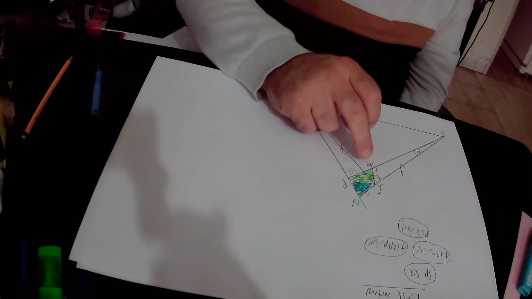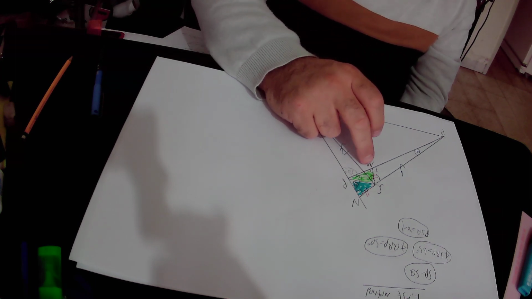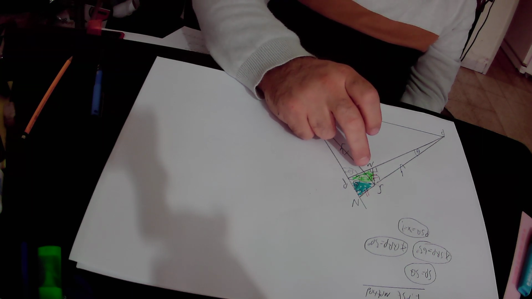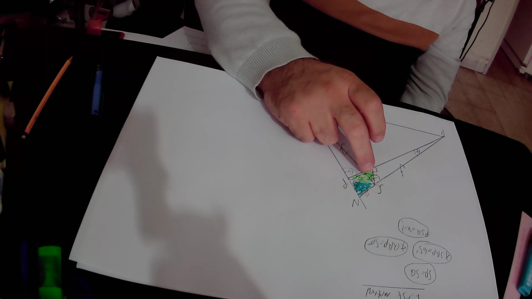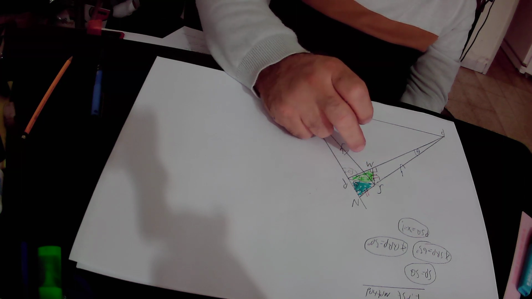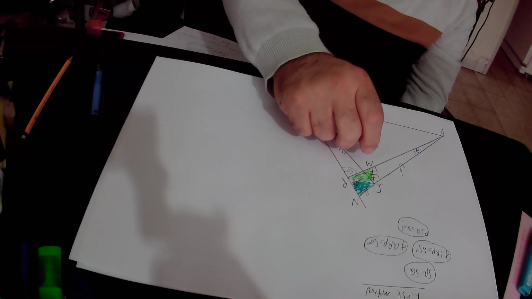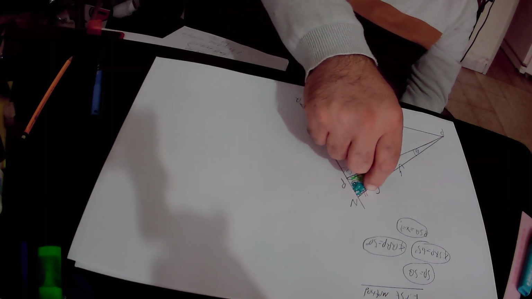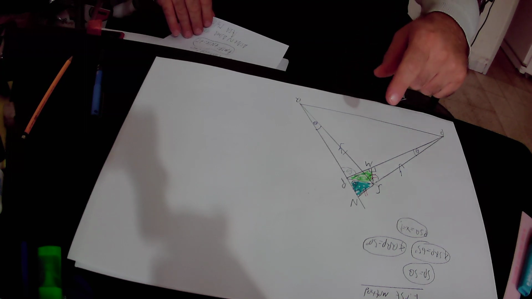So if we have two angles in a triangle where one of them is 65 degrees and the other is 90 degrees, the third angle must be equal to 25 degrees in order to complete the sum of the angles in the triangle to 180 degrees. So according to that rule, those two angles are both equal to 25 degrees and therefore they are equal to each other.